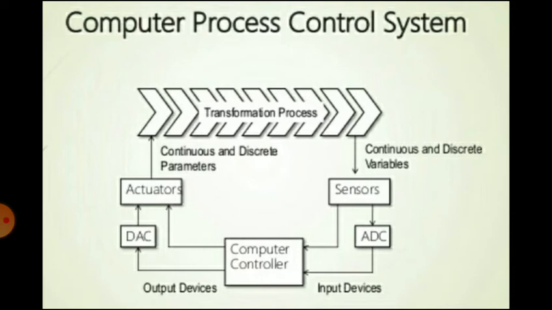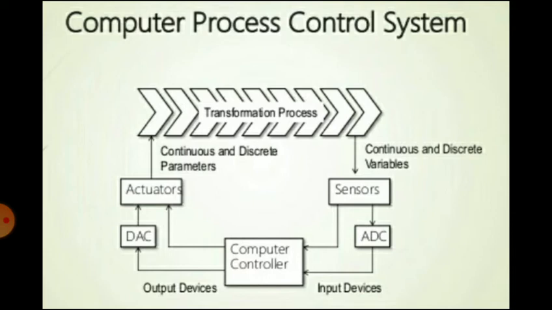Now the analog signal from the sensor is converted into digital form and sent to the computer. And the digital signal from the computer is converted into analog again before it is sent to the actuator, because the actuator takes the signal in analog form.